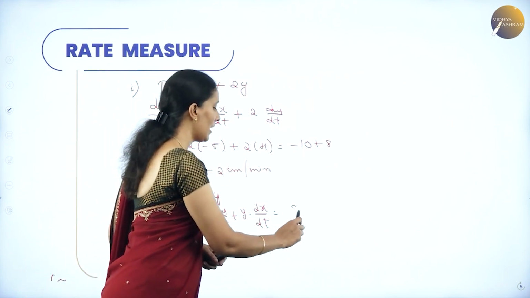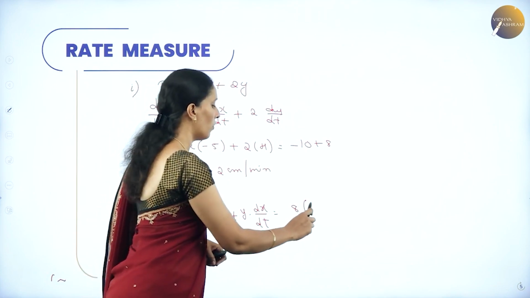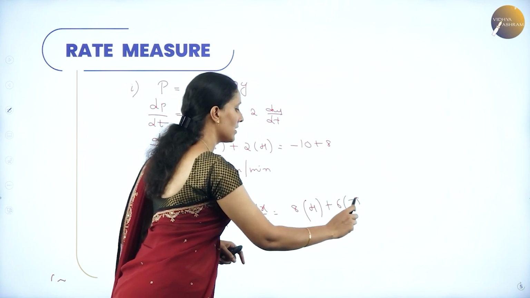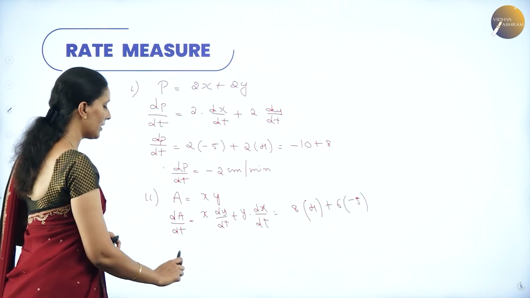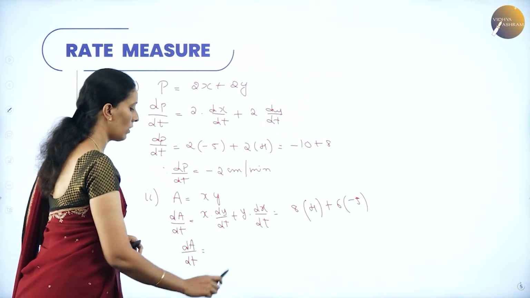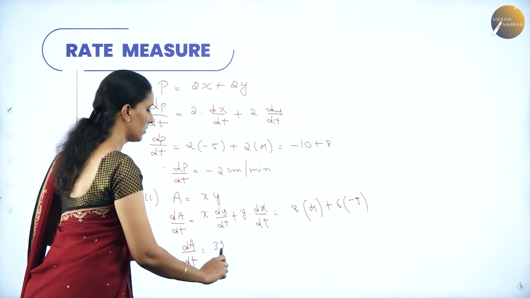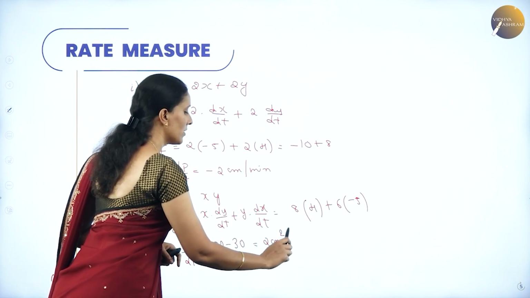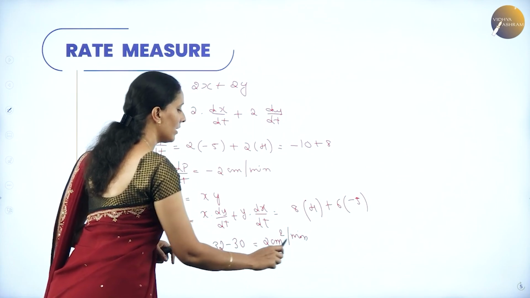So we will apply 8 into 4 plus 6 into minus 5. So when you apply this, you get dA by dt is equal to 32 minus 30, which is equal to 2 centimeter square per minute. Why are we writing square here?